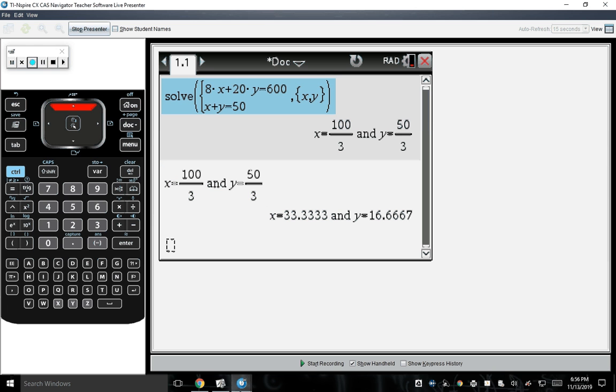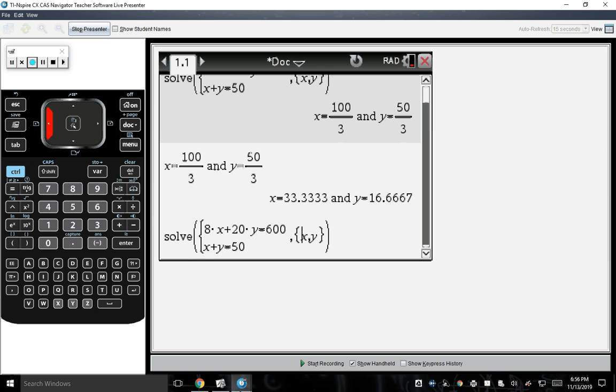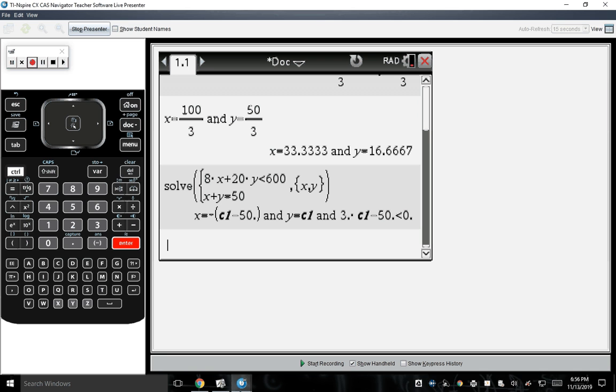I could go all the way up here and press Enter to copy it. And if you felt more comfortable putting that less than, you could change this to Control equals less than. But you get these weird answers right here.